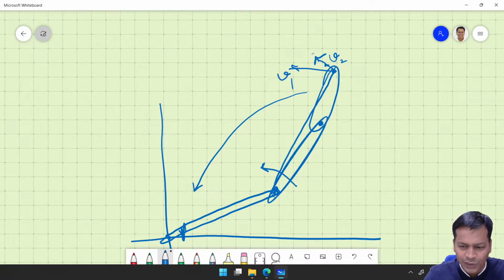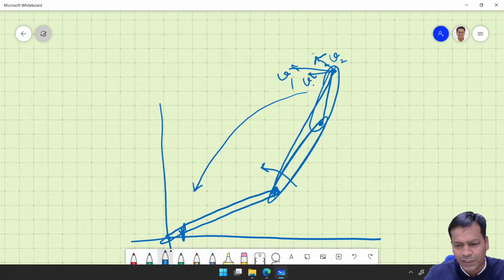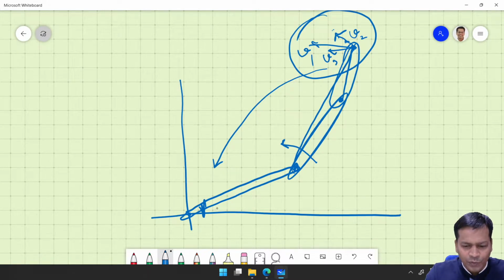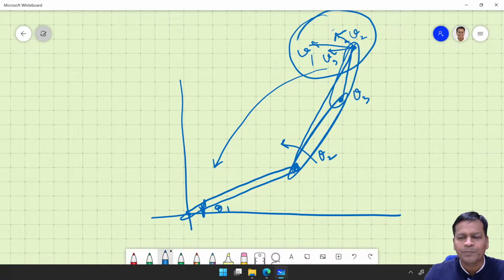If this is moving, this is the distance, and you see again a velocity v3. So the sum of all these will be the resultant velocity due to motions of all the joints. So this is known as forward recursion.